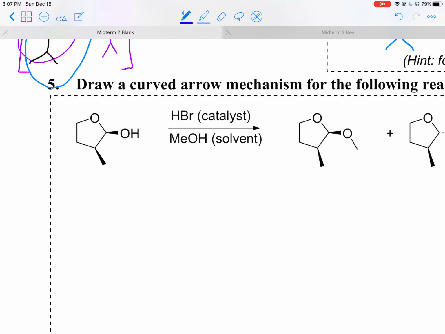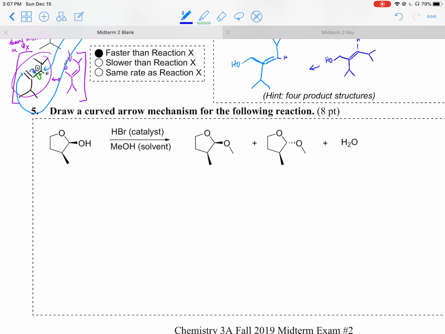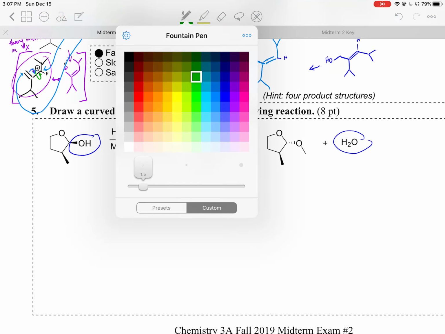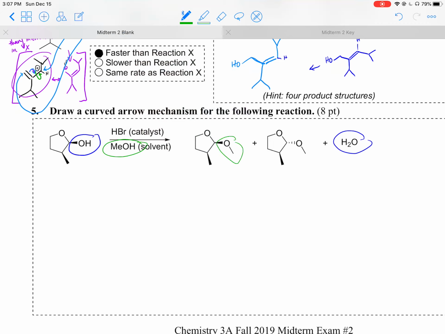This is a strong acid, and we know that we're going to want this group to leave at some point because we end up with water at the end, and because the methyl hydroxide is probably this O methyl group right here, this alkoxide. So actually let's put that in a different color so that we can see that's what we're talking about. Methyl hydroxide is probably going to lead to this methoxy group that's on both of these.